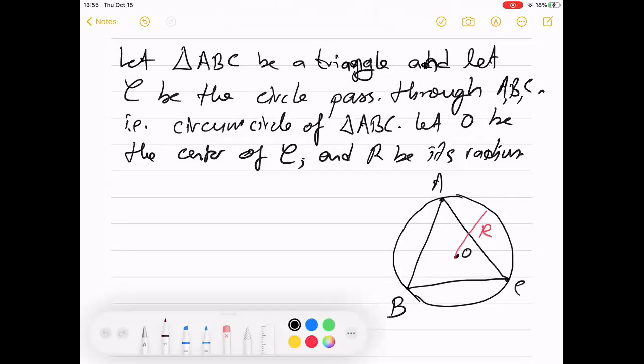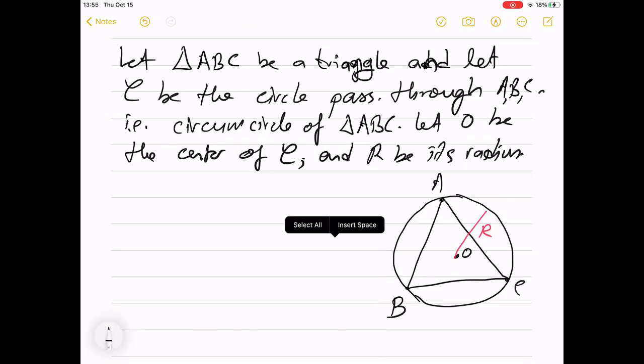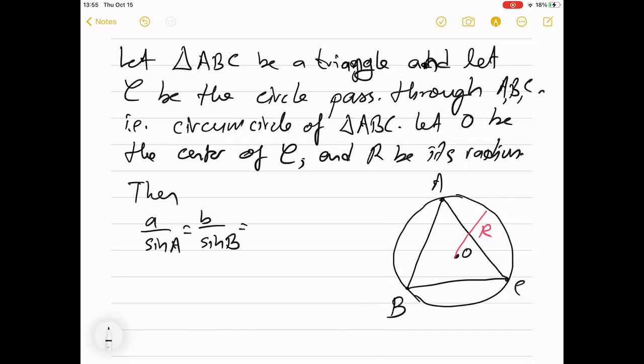Now the extended law of sines says that a over sine A is equal to b over sine B, and that's also c over sine C, and that's equal to 2R.